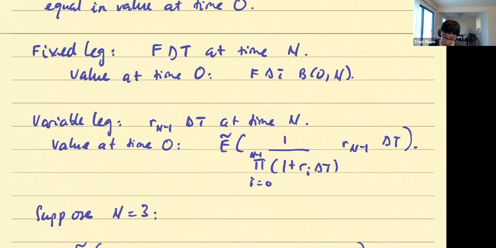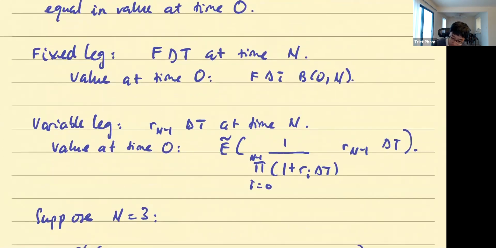And so what we're saying is the variable leg, the value at time 0, is just this difference. Notice that this difference is positive. Why? Because the bond price at 0, 2 is always bigger than the bond price at 0, 3, it's a shorter maturity. Or sorry, right here I have the abstract setup, so it should be the bond price at 0, n minus 1 minus the bond price at 0, n.